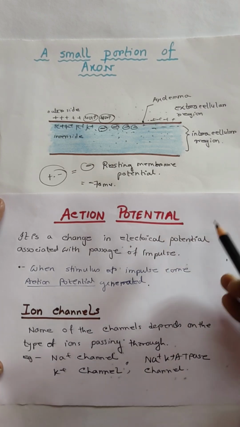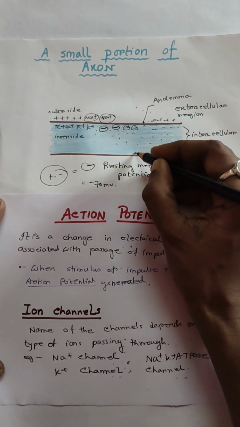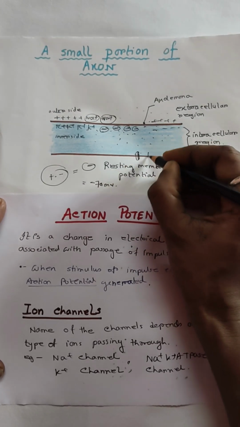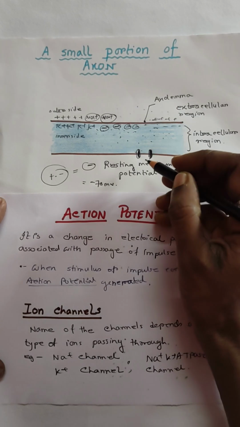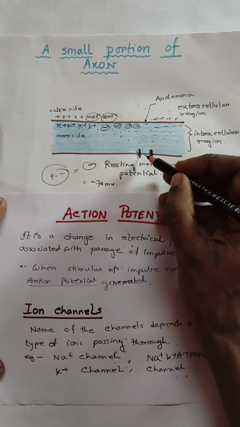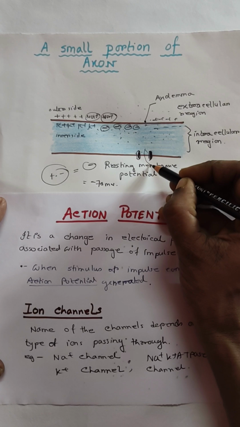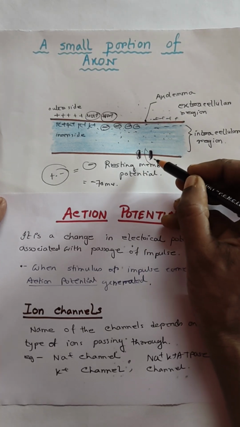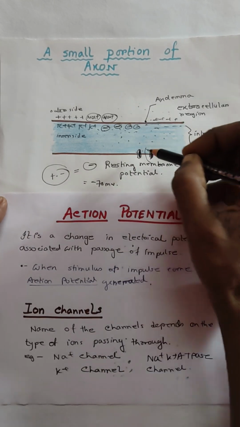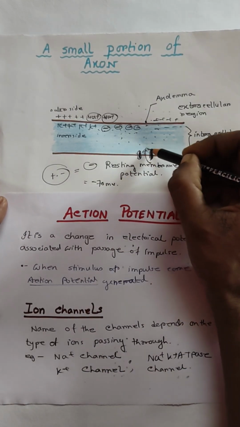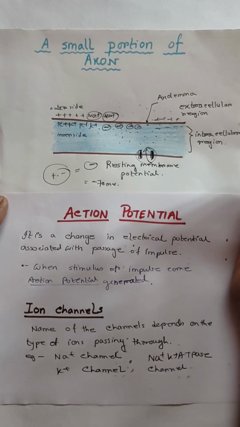Ion channels means there are some channels on the membrane. Suppose I am drawing here, this is a channel. This channel helps certain ions to come inside the membrane and go out of the membrane. The name of the channel depends on the ion passing through. Suppose this channel helps the sodium ion to enter the intracellular fluid, then this channel would be a sodium channel.